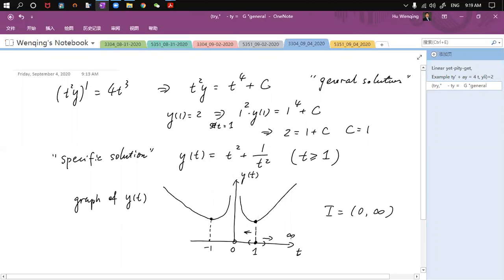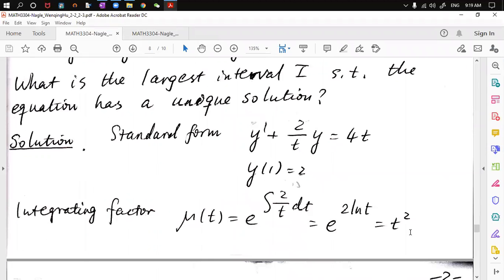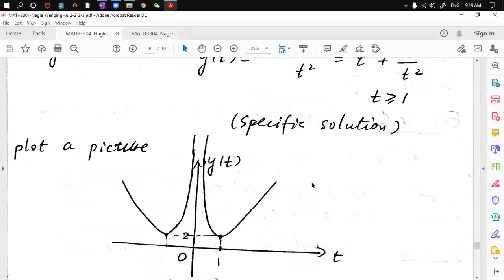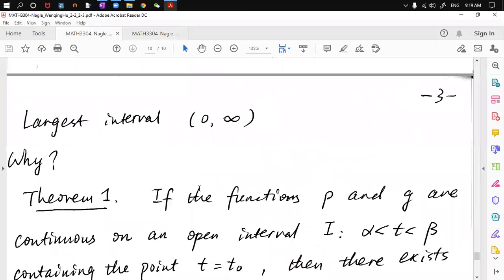So you simply have to avoid infinities in order to avoid any possible mistakes. Avoid zeros in order to avoid any possible singularity. So the answer to the question that we've been posing here is that we are going to avoid 0. So the largest interval is 0 to infinity.